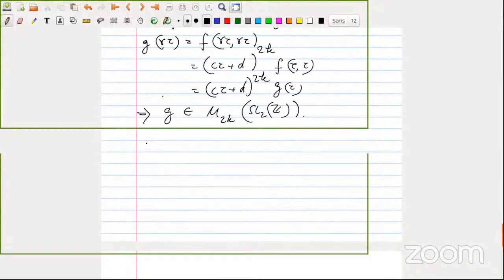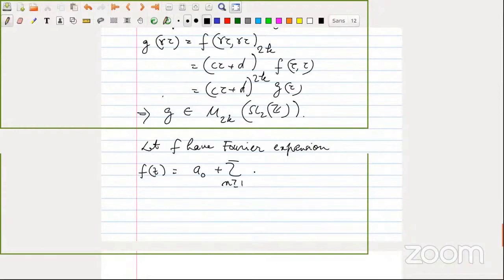So let f have this Fourier expansion given by, this is equal to something like a0 plus summation n bigger than or equal to 1, and then ν in δ inverse, ν totally positive, and then a_ν e to the power of the trace of νz. Okay, so this is the Fourier expansion at infinity.